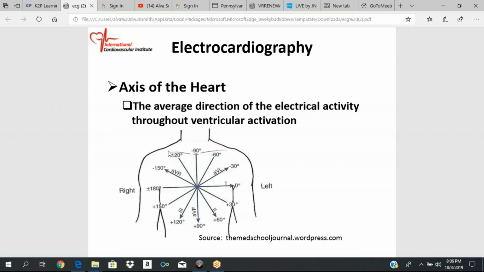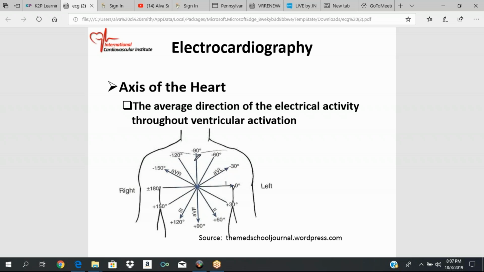That's the pacemaker of the heart. That's where all the electrical activity originates or starts. And of course, the sinoatrial node is going to be more on the right side.